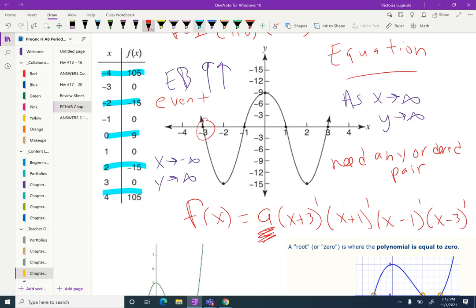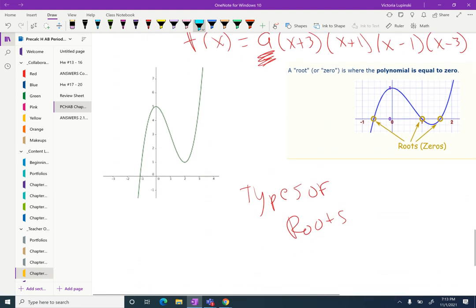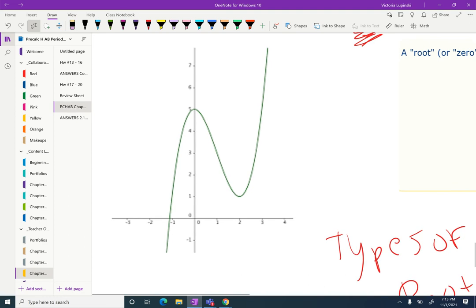And then finally, each of these is a real x-intercept. Not only are they real, but they're also rational. Just make sure you understand the different terminology. So if you take a look here at this green one, what would you say that the degree of this polynomial was? 3.